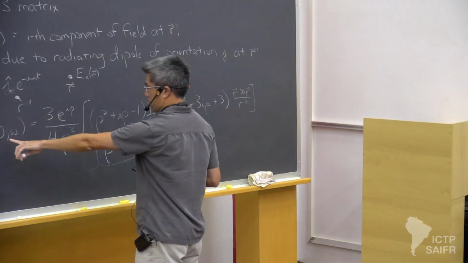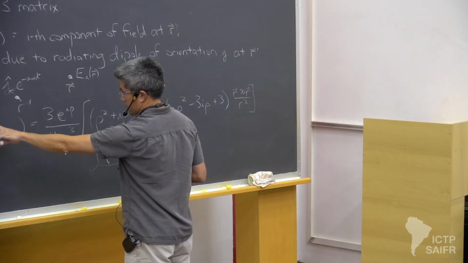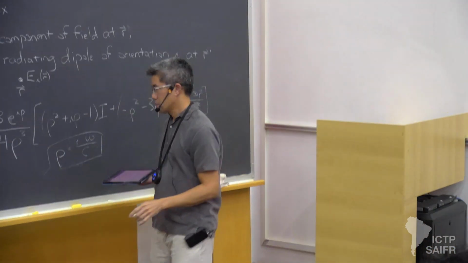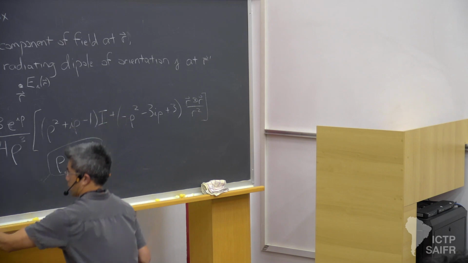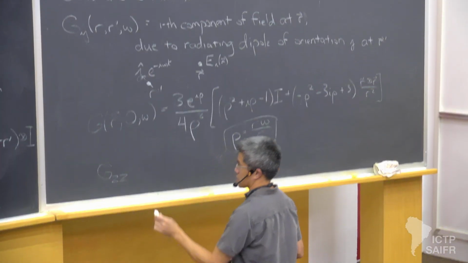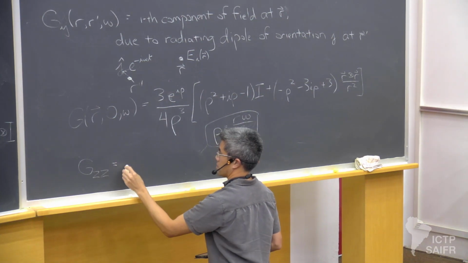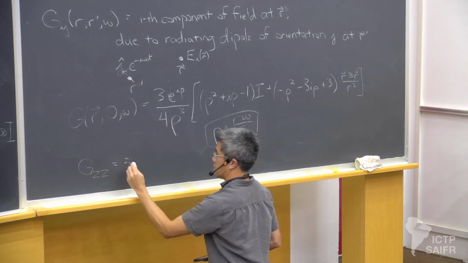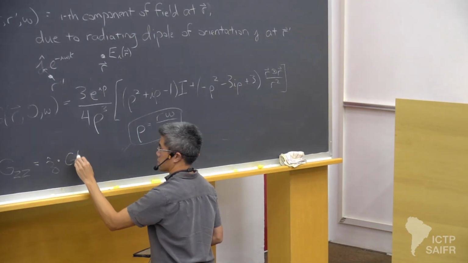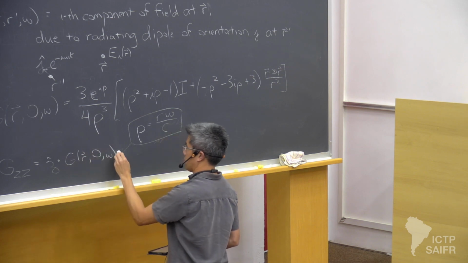And then the particular component of this Green's function that I should use is along the Z direction. So instead of the entire matrix, I would take just GZZ, which is the Z component of this 3x3 matrix.